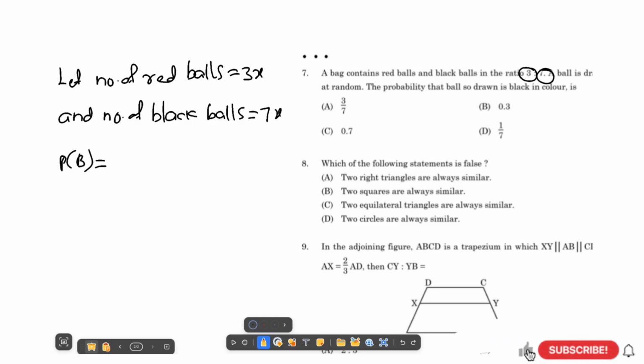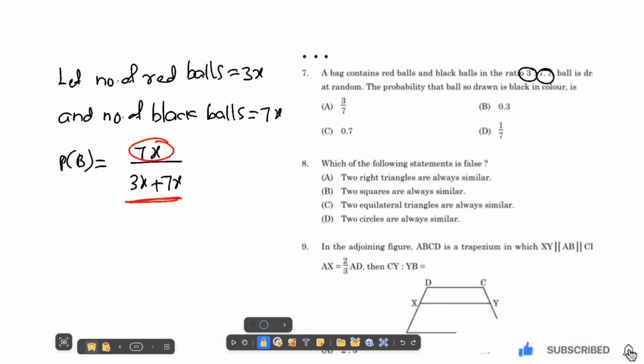P of B is equal to number of black balls, 7x, by total number of balls. Total number of balls are red balls plus black balls. So the probability of black balls is equal to number of black balls by total number of balls. So red balls plus black balls. So it is equal to 7x by 3x plus 7x, 10x.